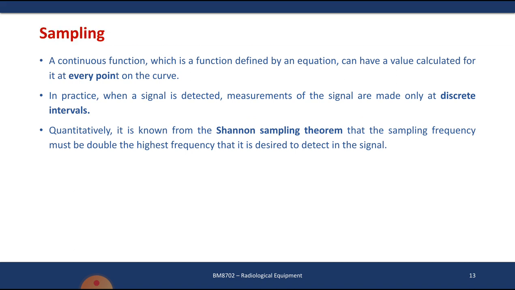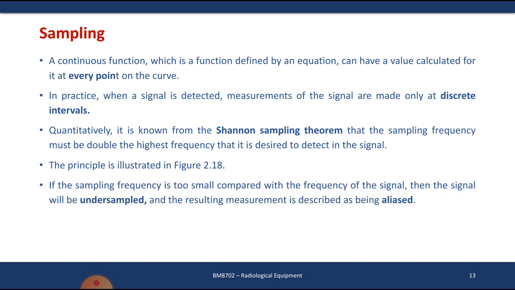When you don't follow the sampling theorem, you get the effect of aliasing. What is aliasing? The signal will be overlapped, and then you will have information loss. That is what happens in aliasing, which is otherwise called undersampling.